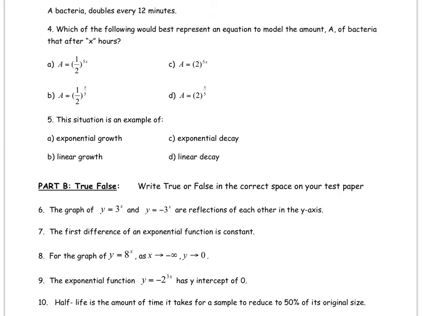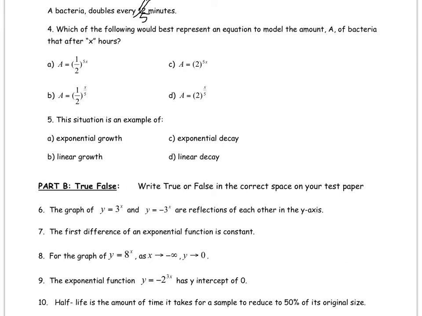As I mentioned in the test, there was a typing mistake here. This one is really 5 minutes. So we have bacteria which doubles every 5 minutes. And the question is, which of the following is going to be the correct representation of this growth?